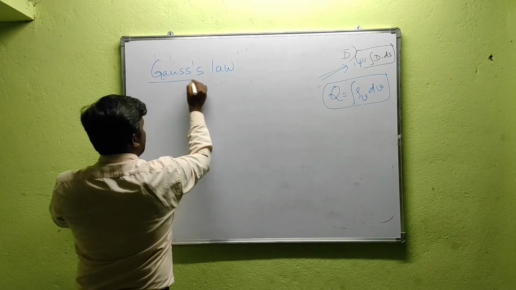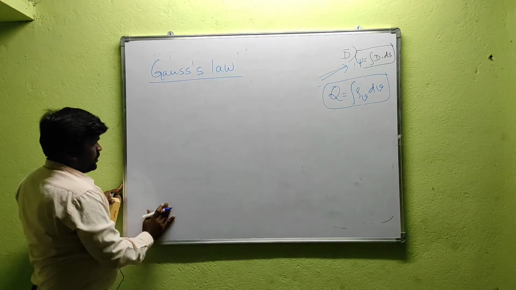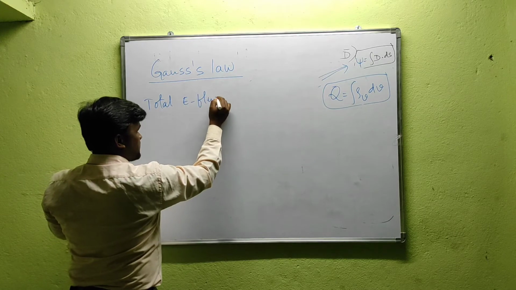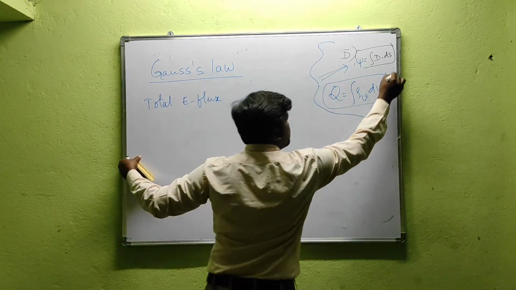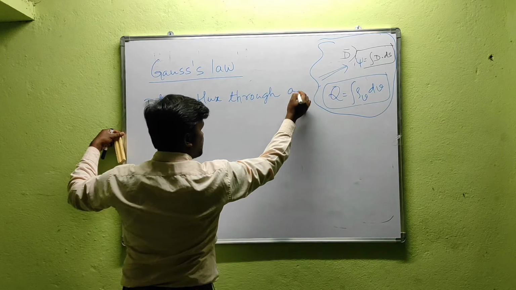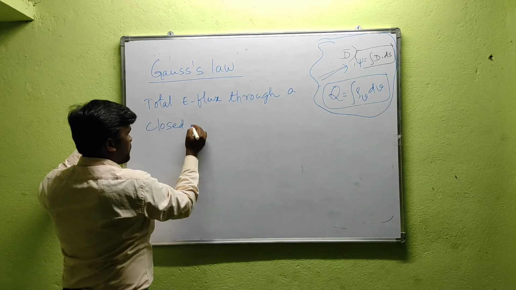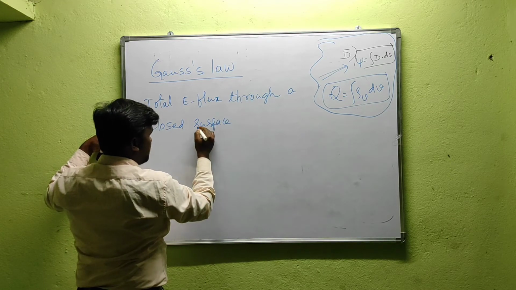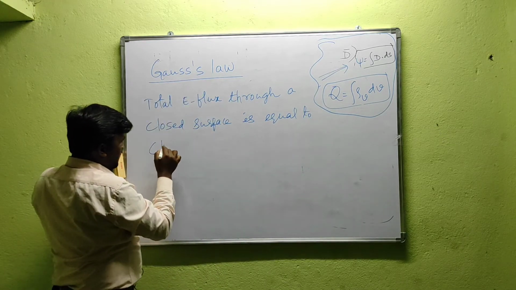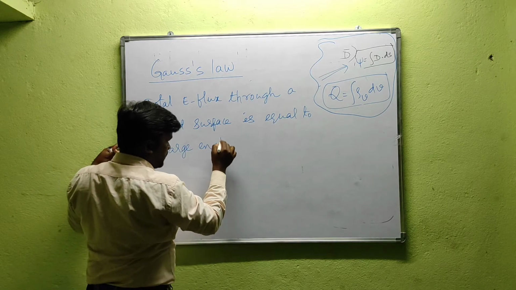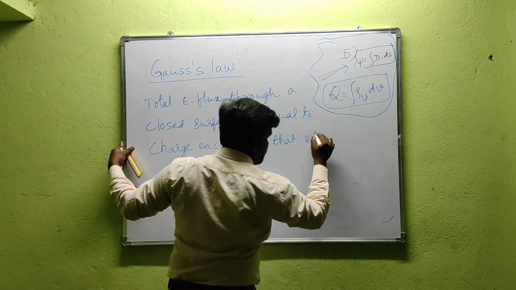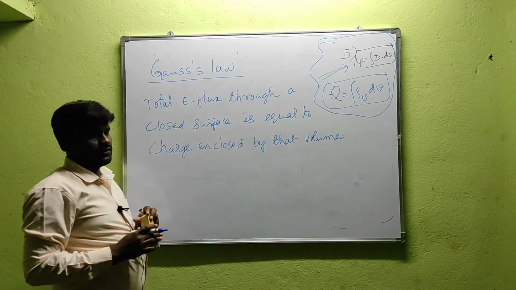Gauss law states that the total electric flux through a closed surface is equal to the charge enclosed by that volume.